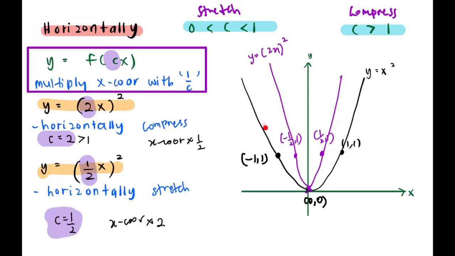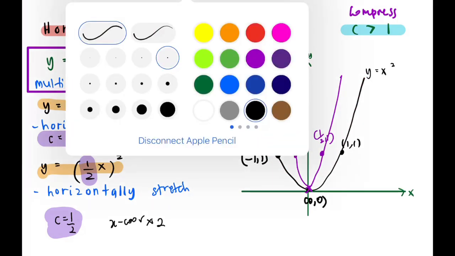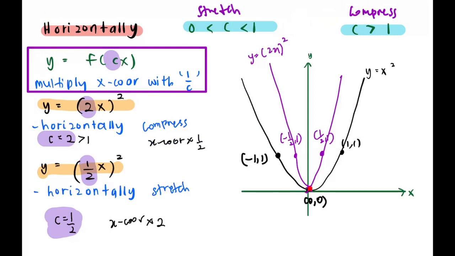So now let's focus on the basic graph, the black line here. We want to take the x coordinate and multiply it by 2. So 0 times 2 stays the same, 0, 0. Then 1, 1, you multiply the x coordinate by 2, this becomes 2, 1.